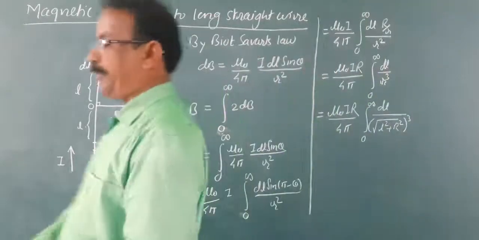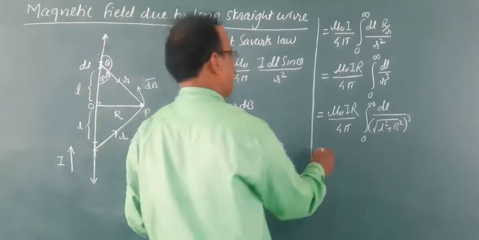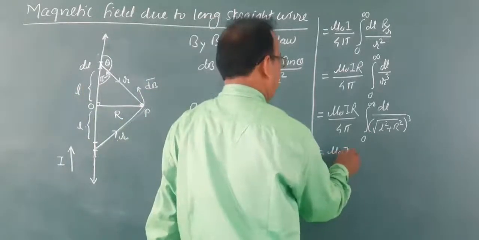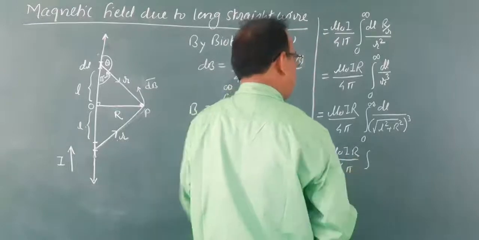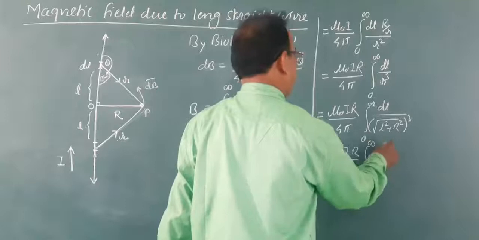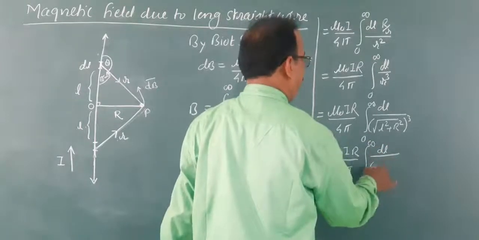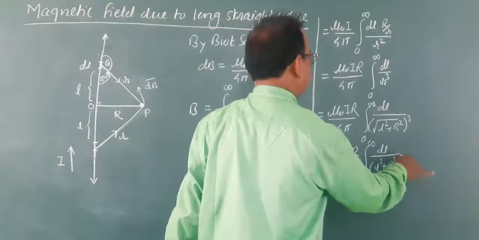Writing this r from the figure as root of l square plus R square. This is mu 0 I R upon 4 pi, the integral from 0 to infinity of dl upon (l square plus R square) raised to 3 by 2.